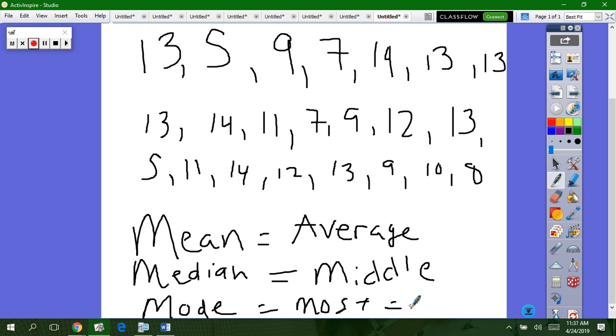Mode means most. So if they're equal, is there really something more than another? Does that make sense? Some people believe there's no mode, but we are going to say it's whatever number or numbers have the highest amount. You could have 7 modes if they were all the same. Then they would all be a mode.